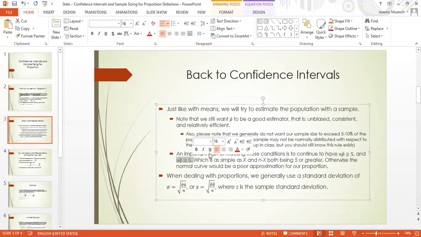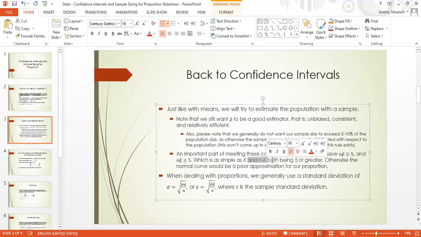Those were our somewhat arbitrary but reasonable starting points. In this case, that's as simple as just X, our number of affirmative responses, and N minus X, our number of negative responses, both being 5 or greater, because then by definition, NP hat and NQ hat will both be greater than or equal to 5. So that's rather nice.